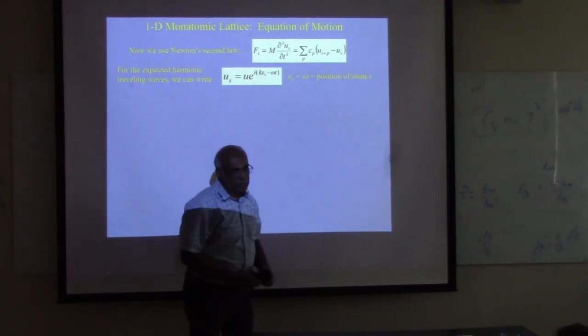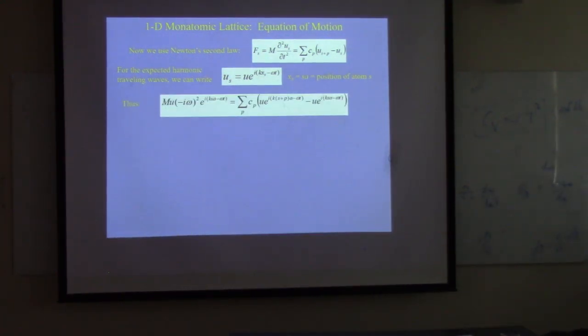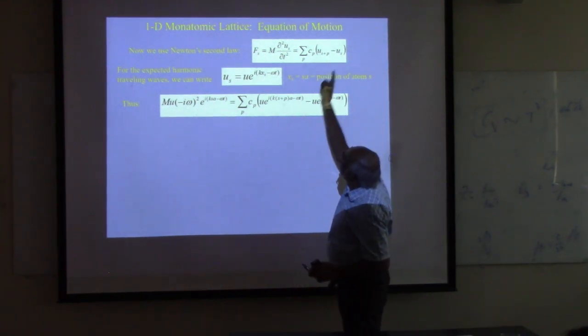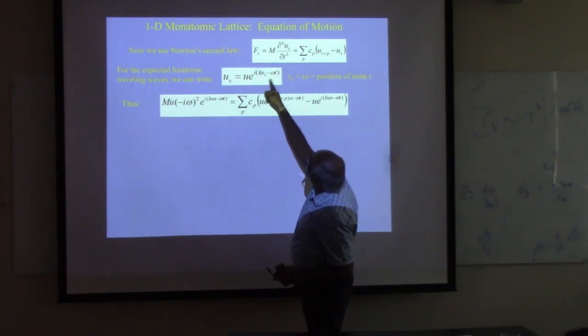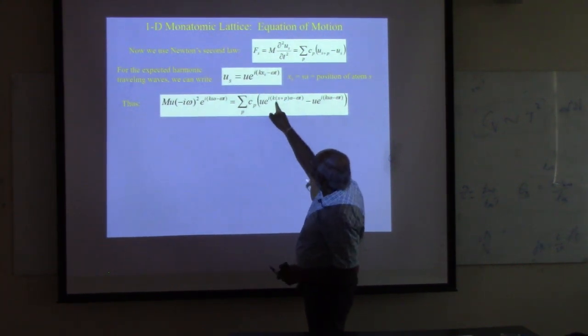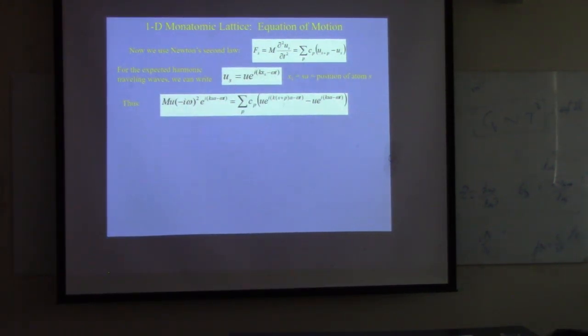So that's it. Then if you write that one here, minus omega squared. Then here also I have to put u S plus p. k, this is x S, S plus p a, right? x S means a times S, and S plus p means a times S plus p, right?